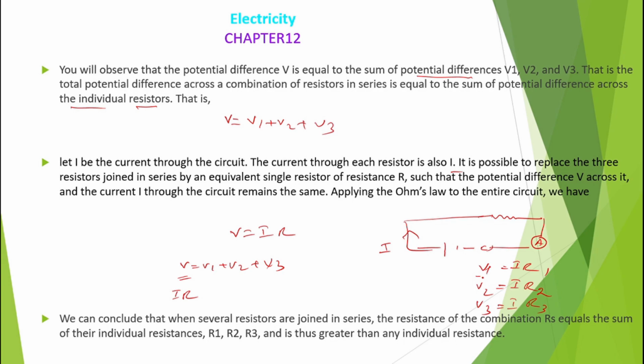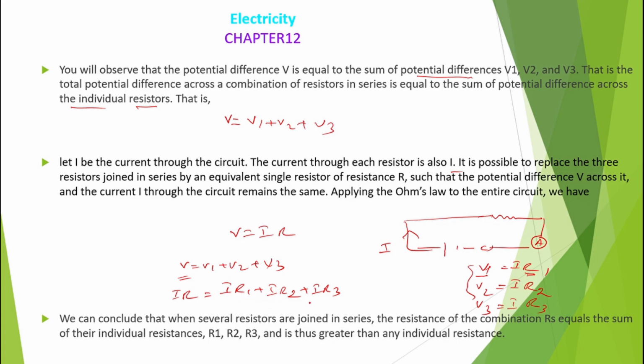So the potential difference across resistance 1 is equal to I into R1, same I into R2, I into R3. Put these values into this equation. So we will get IR1 plus IR2 plus IR3.